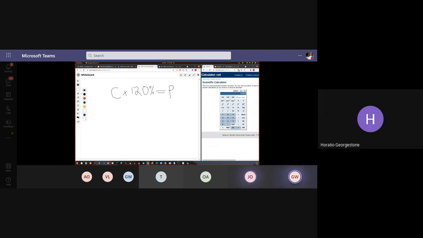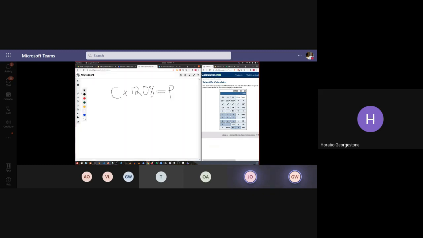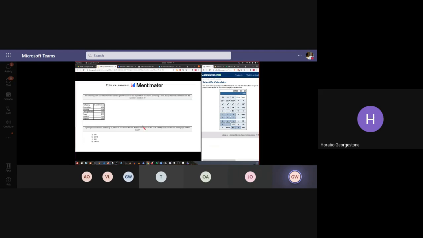Okay, and now we're told that the price of the book, the marked up price, is £180. So in other words, this equals 180. So if we want to find C, the cost of the book, well, first of all, what's the question asking us? What was the cost of the paper for the book?